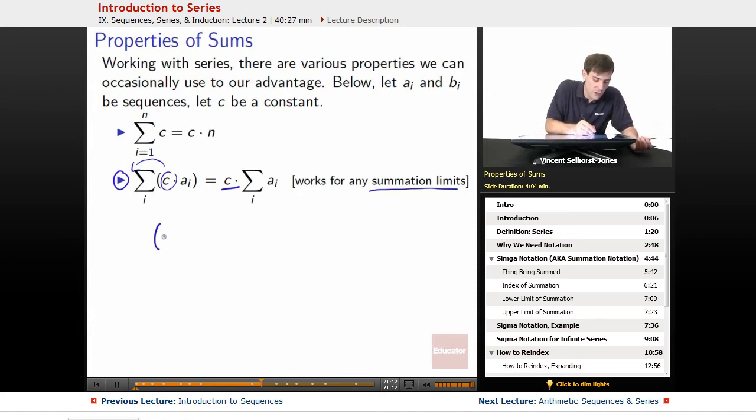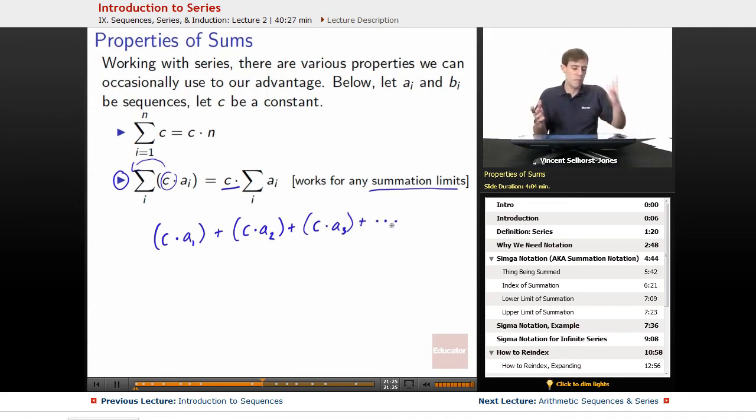Well, notice, our first term would be c times a_1, plus our next term would be c times a_2, plus our next term would be c times a_3, and it's going to continue in this pattern. It might end, it might not end, so we'll just leave it as dots there. But notice we've got a c on each one of our terms, because we see it's c times a_i.